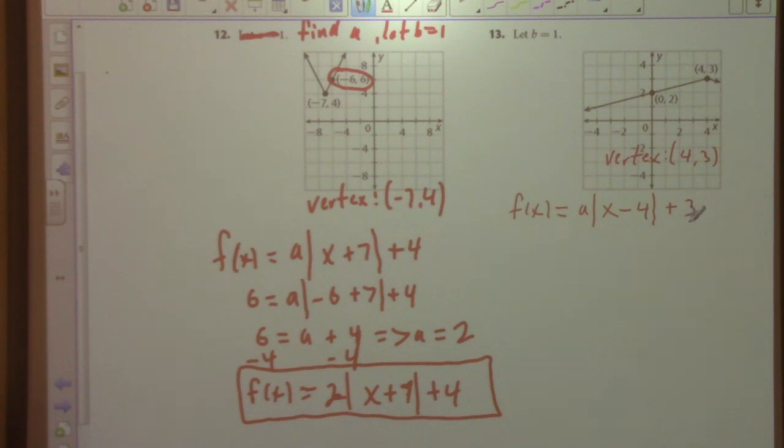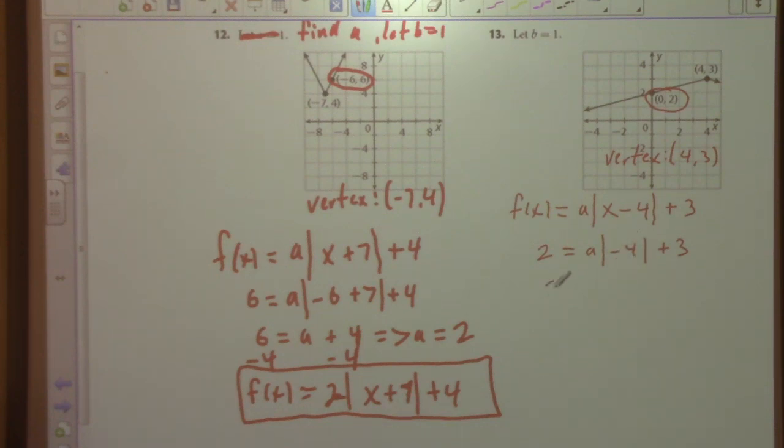Okay, so that's the initial thing, and what are we going to do next? Plug in y for f of x, using these points. So 2 equals A times, and x is 0, so we put negative 4, plus 3. We work that out and the absolute value turns into 4.